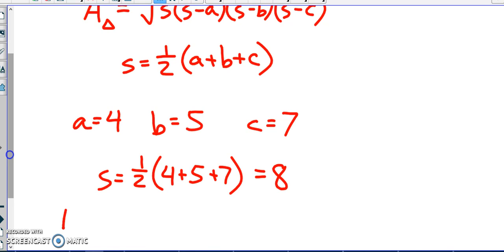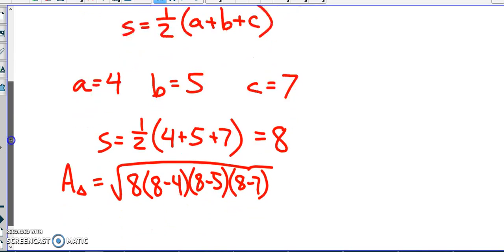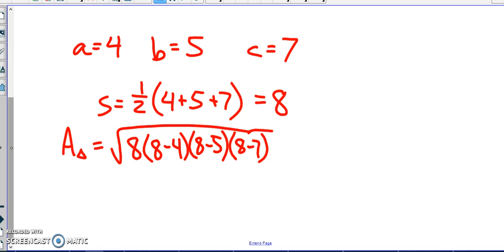So the area of this triangle using Hero's formula would be the square root of 8 times 8 minus 4 times 8 minus 5 times 8 minus 7. Well, this would be 8 times 4 is 32, times 3 would be 96, times 1 would be the square root of 96.